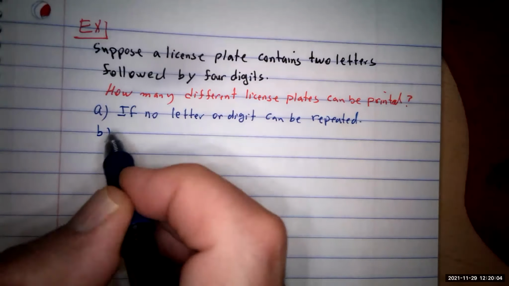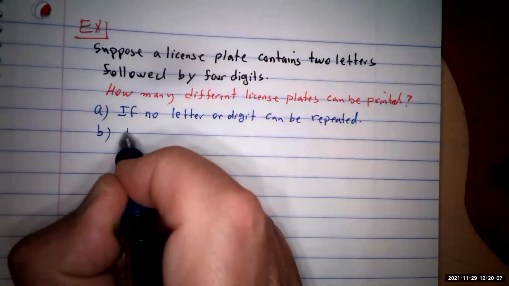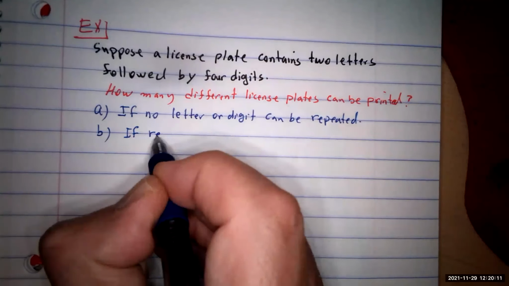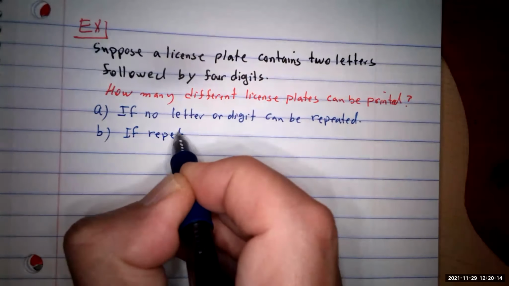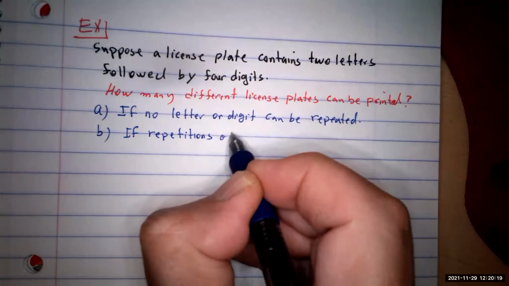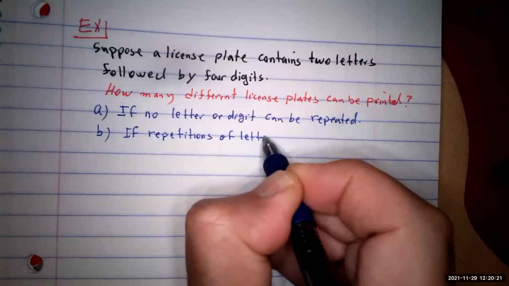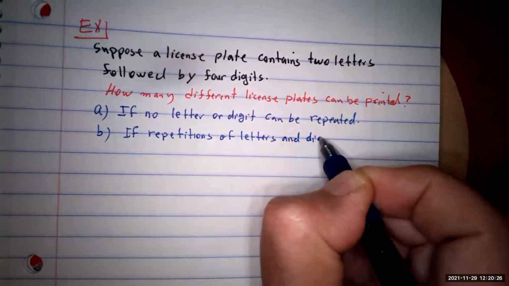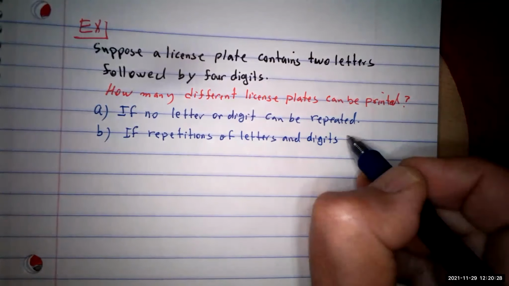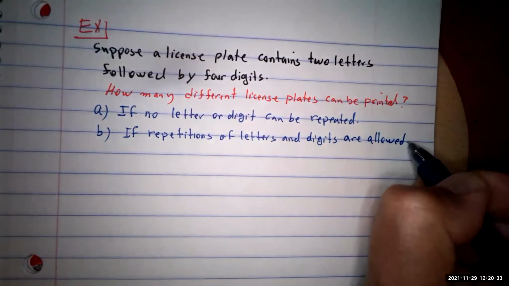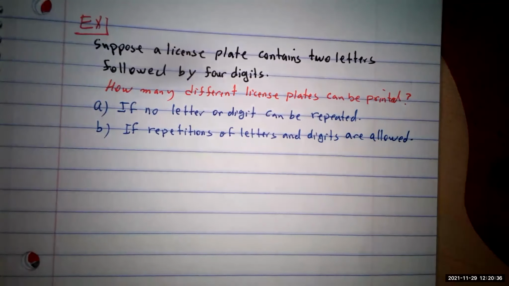The other case is repetition allowed, so the other case is if repetitions of letters and digits are going to be allowed. So read it carefully, whatever it is on the assignment or a preview of the test. Similar things would be given, so read it carefully.